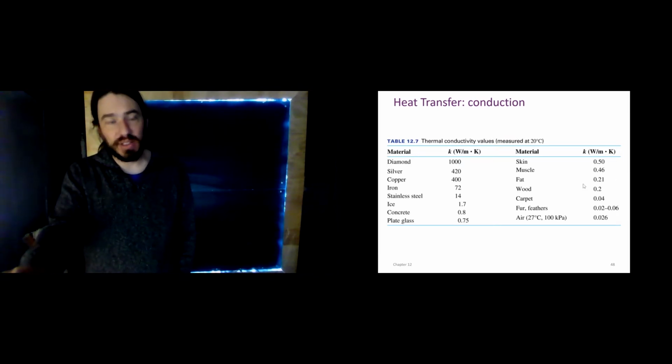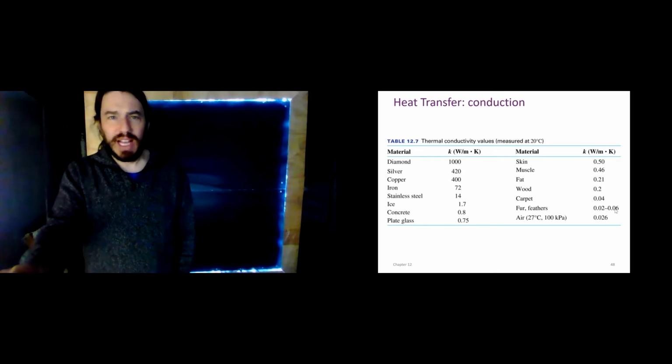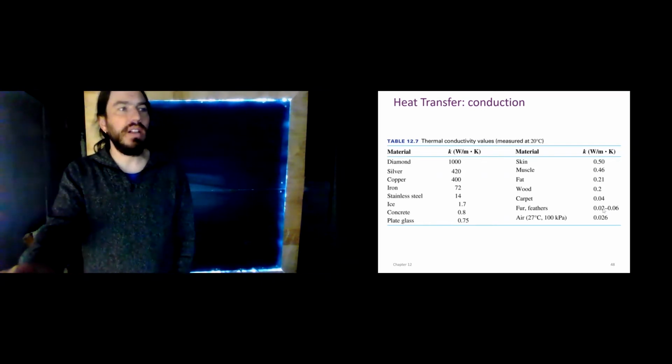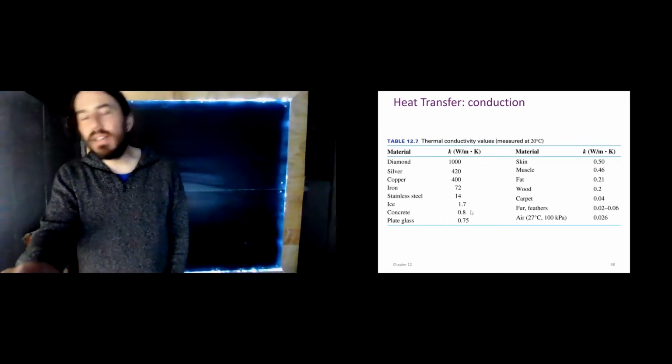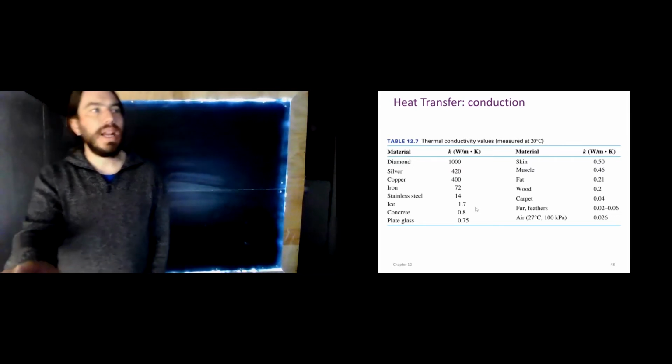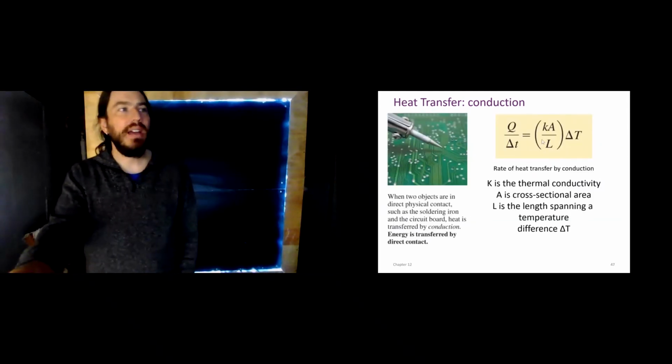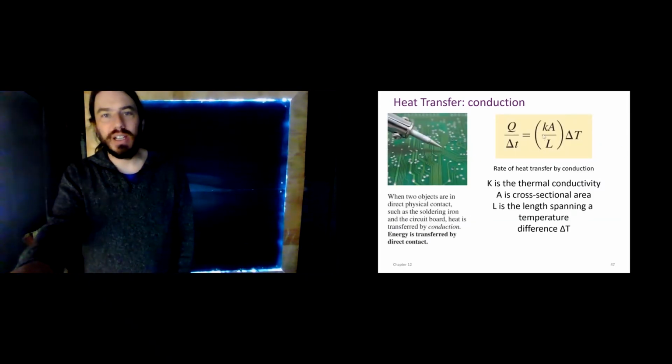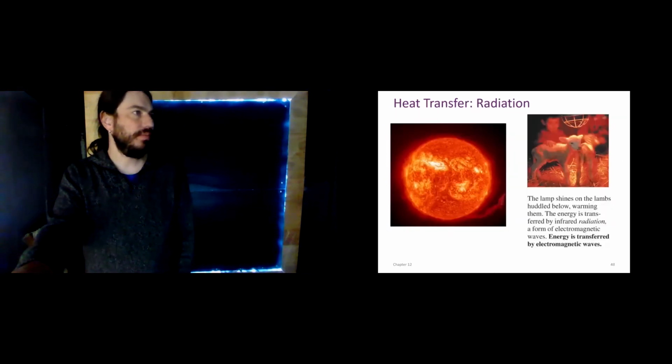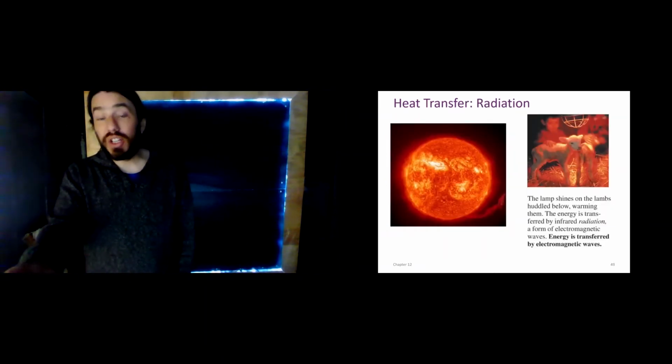Poor conductors of electricity are good insulators. Fur, feathers, classic insulators. Very low conductivity. So, of course, you don't have to memorize any of this, but just recognize that this value K tells you how good of a conductor something is. Okay, so that's conduction, heat transfer through physical contact.